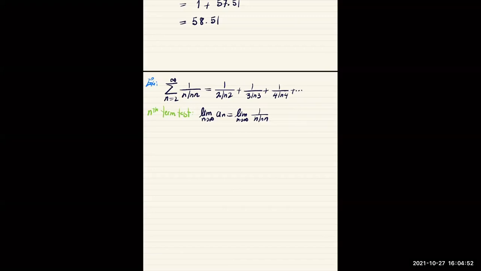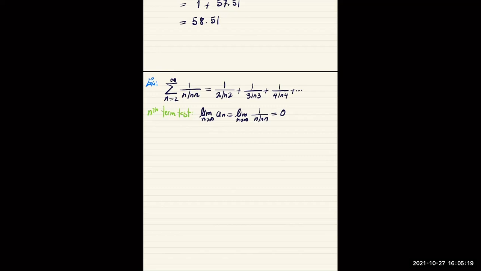You're just checking to see what happens to the terms of the series, and they go to 0. This means that the series may converge, may diverge. The nth term test doesn't tell you anything. It would have been great if you got a number other than 0, because then we would say the series is divergent, but this is inconclusive.